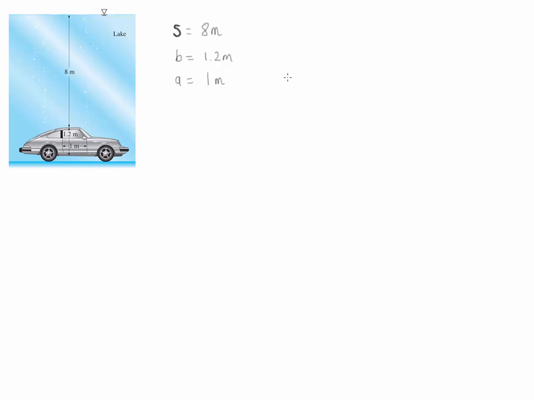The first step is to calculate the hydrostatic force, and that is simply equal to the average pressure times the area of the surface. So let's calculate the average pressure, and that is simply rho g hc, where hc is the distance from the top of the surface to the centroid.